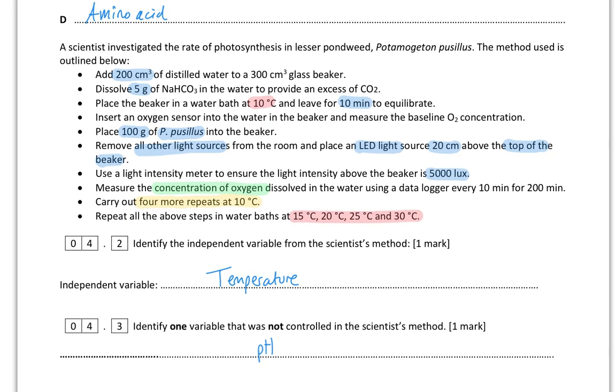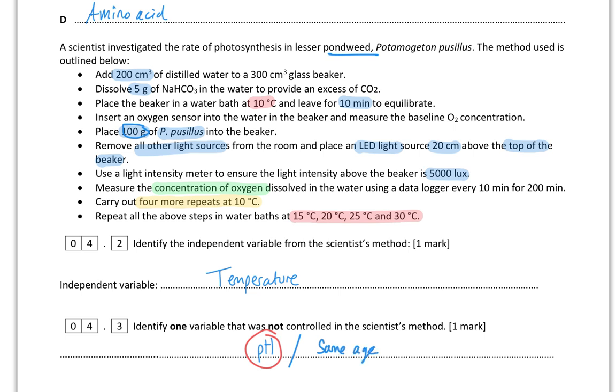And then identify one variable that is not controlled in this one. They've controlled everything. So if it's in water, you can always put pH. Top tip, always put pH. The other one you can always have in biology, because we've got a living thing. I know we've got a certain mass of this pondweed, 100 grams of it, but it can be the same age.